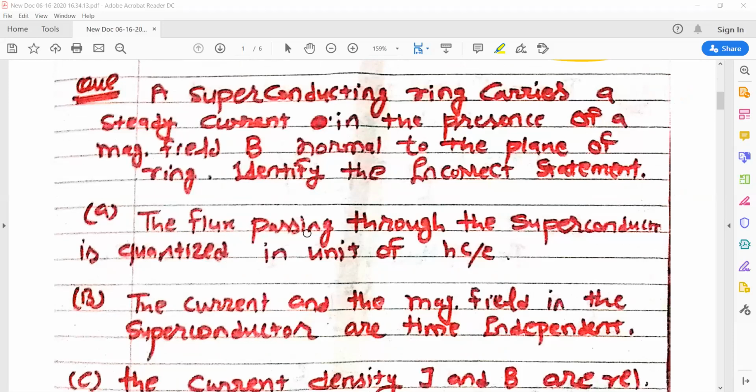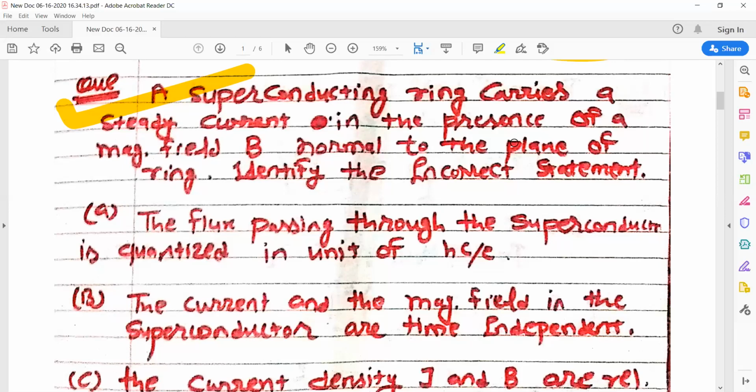A superconducting ring carries a steady current in the presence of a magnetic field B, normal to the plane of the ring. Identify the incorrect statement.